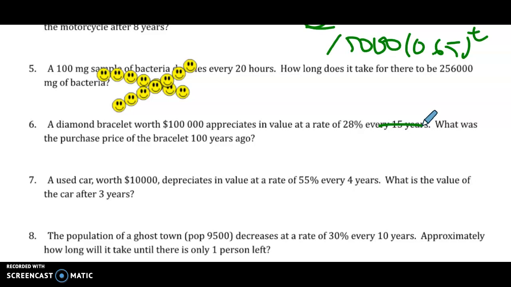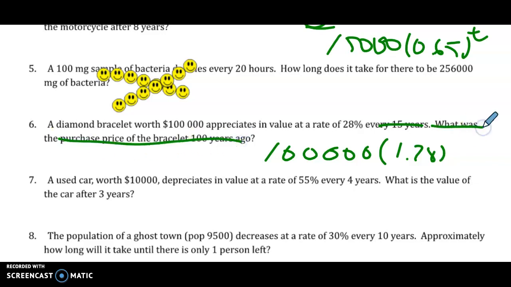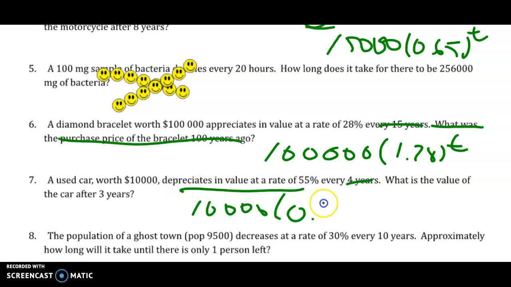A diamond bracelet appreciates, and appreciate means going up again, and 1.28 here. I'm not going to ask you this. I'll ask you a question like, what's it worth in a few years? And then you solve that. Again, more of the same here, not 4 years, every year. What is the value after 3 years? 10,000. It depreciates at 55%, so we're left with that to the t, and after 3 years, you just throw a 3 in here.